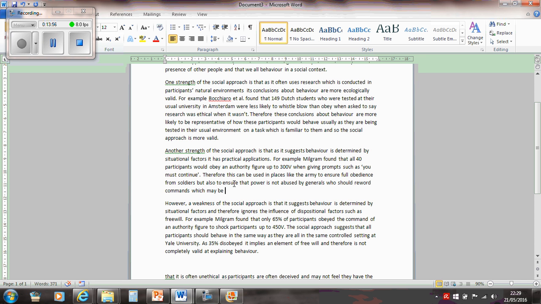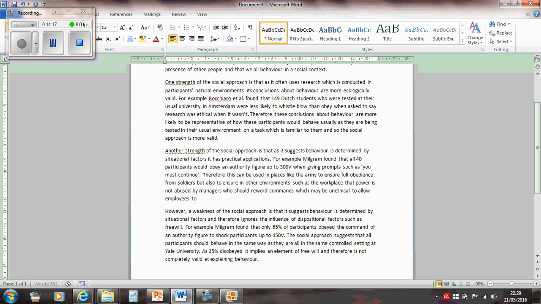And also to ensure in other environments, such as the workplace, that power is not abused by managers, who should reword commands which may be unethical, to allow employees to feel they have a choice in their behaviour.